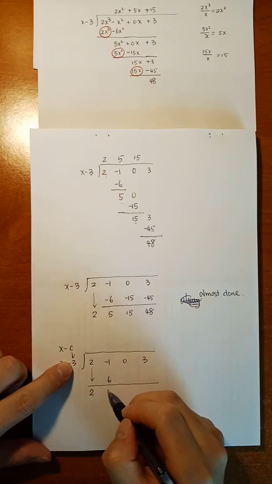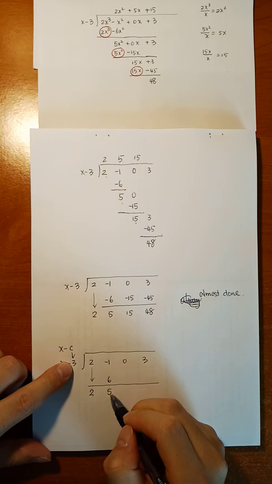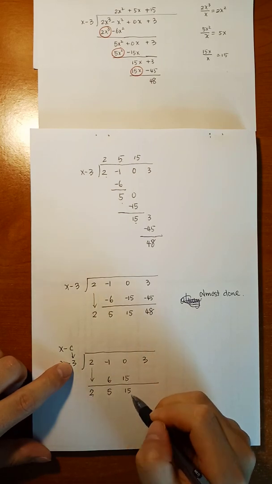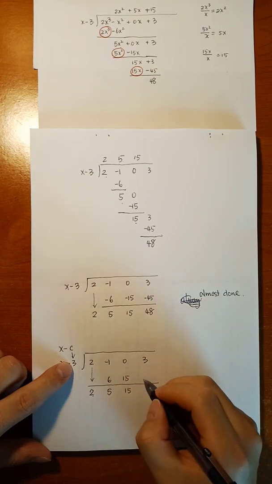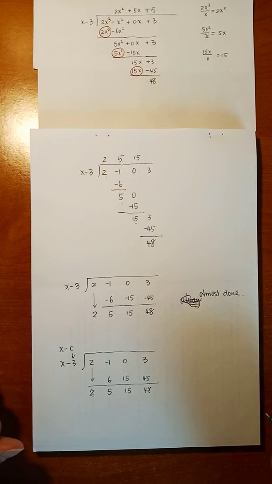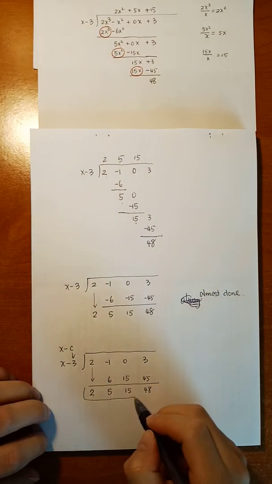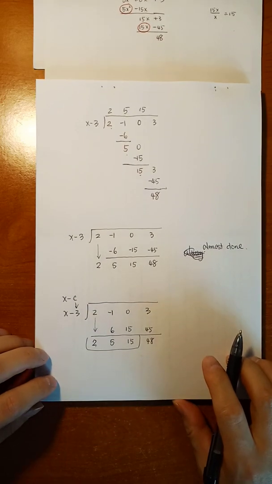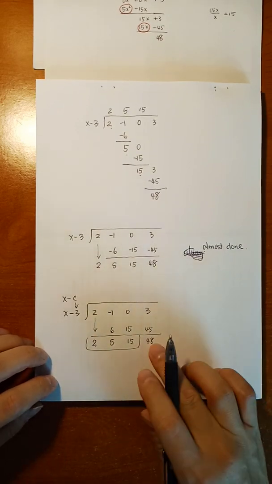Negative 1 plus 6 is 5. And 5 times 3 is 15. 0 plus 15 is 15. 15 times 3 is 45. 3 plus 45 is 48. Okay, so all 3 terms are the coefficients of the quotient, and this is the remainder.